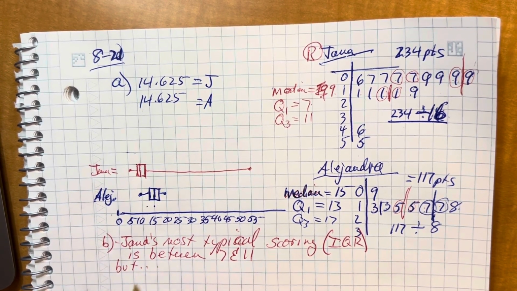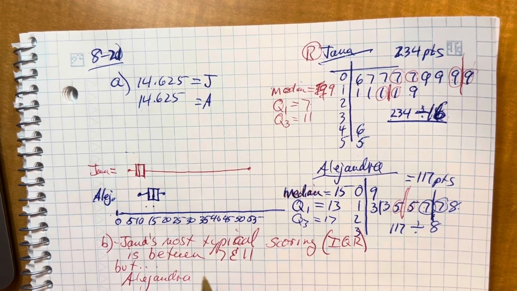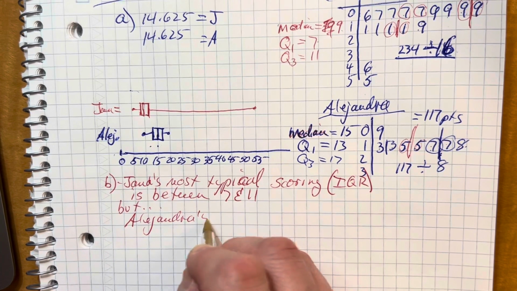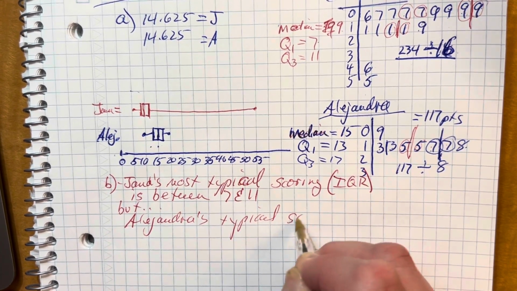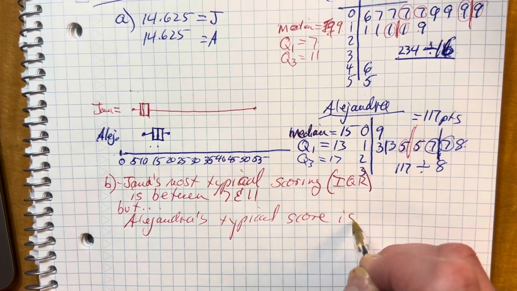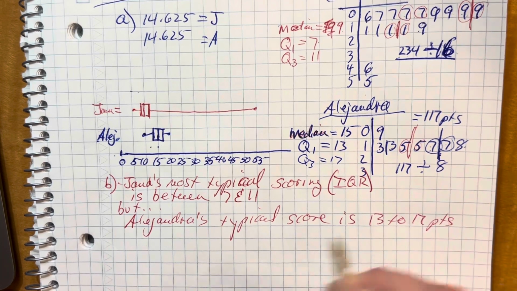But Alejandra's typical score is 13 to 17 points.